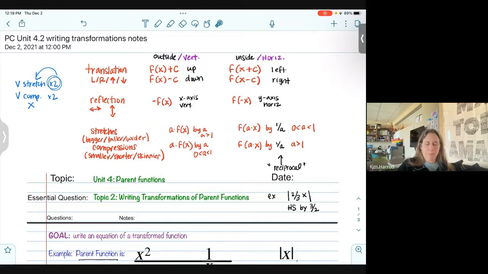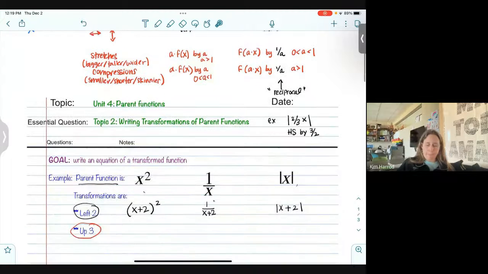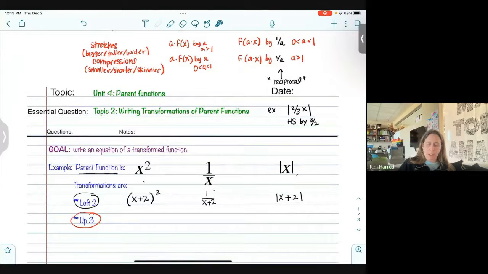Up's right here. Up shows up as a plus sign, and that plus sign shows up outside the parentheses of that function. So if I want to move x squared up 3, then that 3 is not going to be squared. In a reciprocal function, it means it's not going to be attached to the reciprocal part.